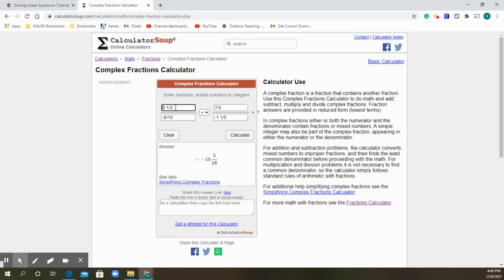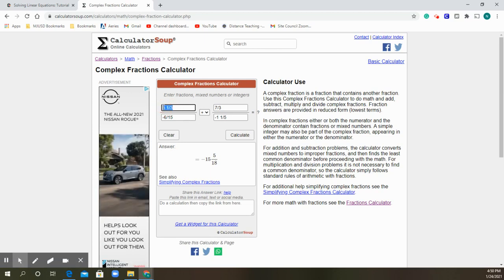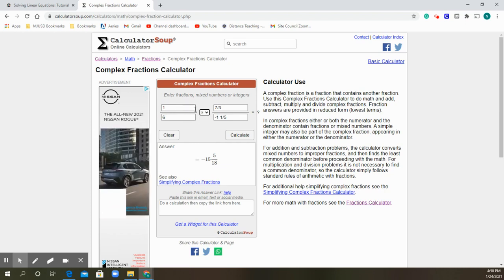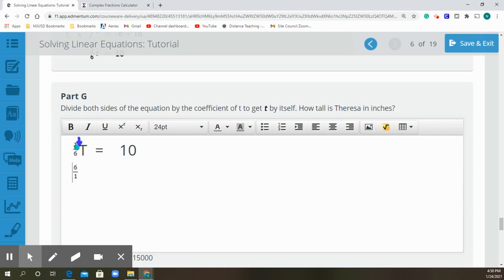So we can multiply by 1/6. Actually, I'm sorry, we got to divide by 1/6. Right, because we're trying to undo it. This says 1/6 times t, so we're trying to undo it.